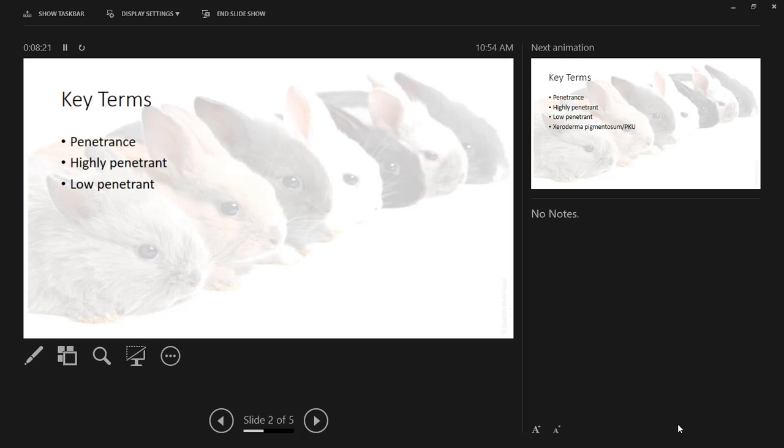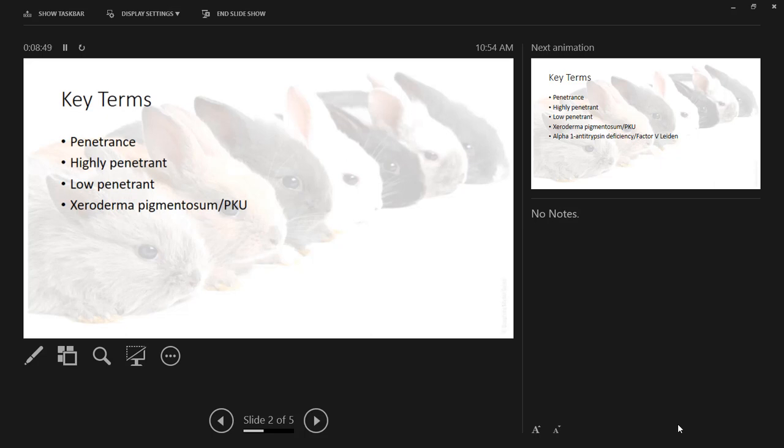All right, so I want to show you a couple of examples of mutations that are highly penetrant. We have a genetic illness called xeroderma pigmentosum, and the main pathology is an extreme sensitivity to UV radiation.